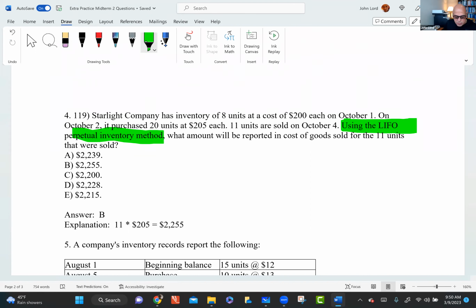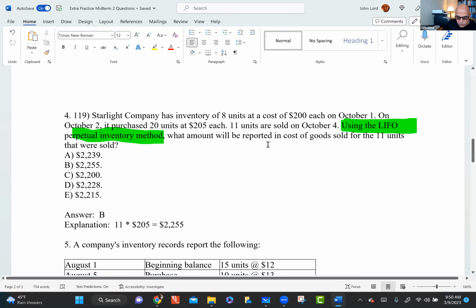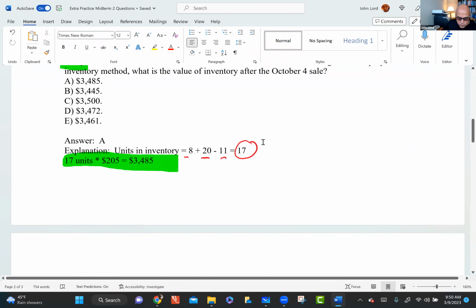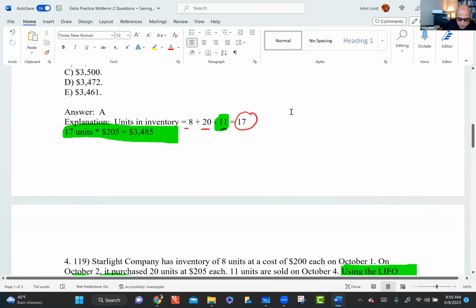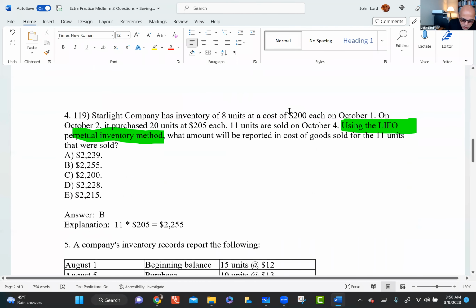If it's last in, first out, we know from the previous fact pattern that there were these 11 units left, right? So if you take those 11 units, but under last in, first out now, you're saying that the units that I sold were those last ones that I had purchased.